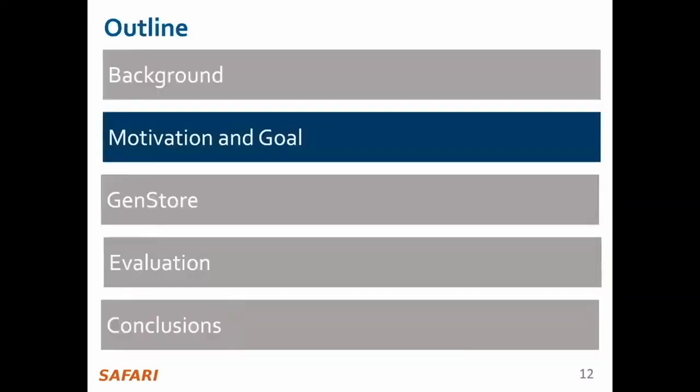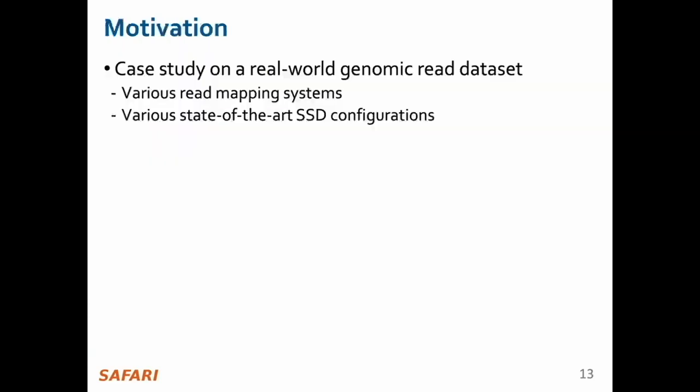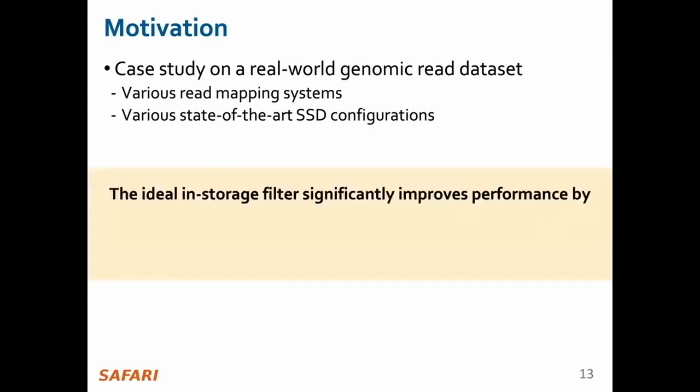So we perform experimental studies to understand the potential of an ideal in-storage filter for improving read mapping performance. To do that, we perform a case study on a real-world genomic data set on various read mapping systems and state-of-the-art SSD configurations. By that, we make several key observations and takeaways.